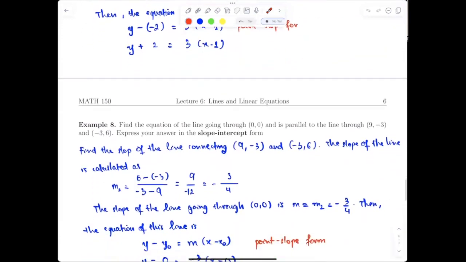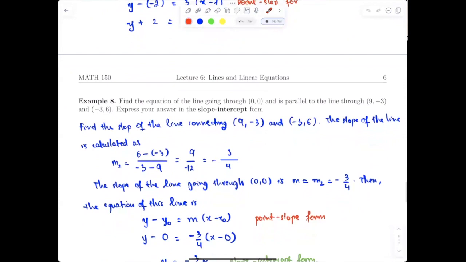Now, in example 8, you want to find the equation of the line going through the point (0, 0) and is parallel to the line through the points (9, -3) and (-3, 6). And your answer should be written in the slope-intercept form.